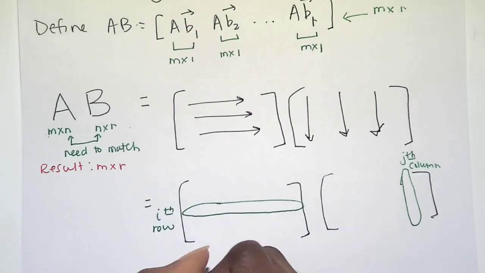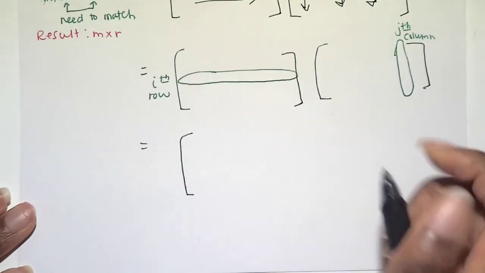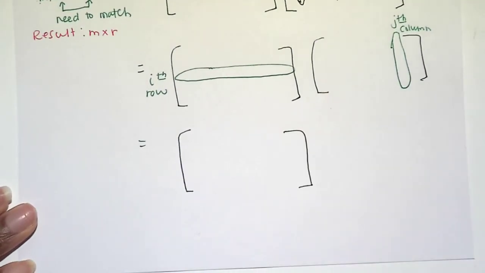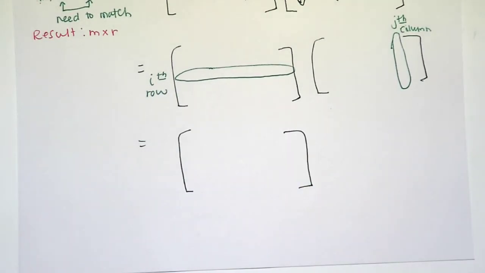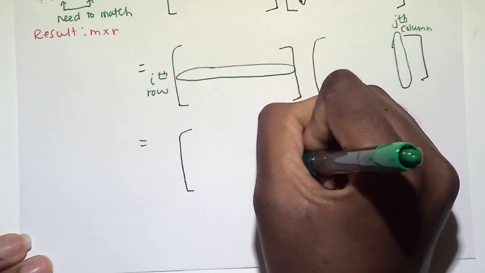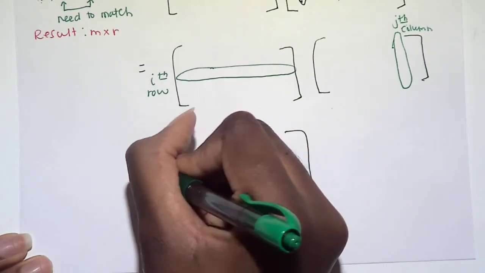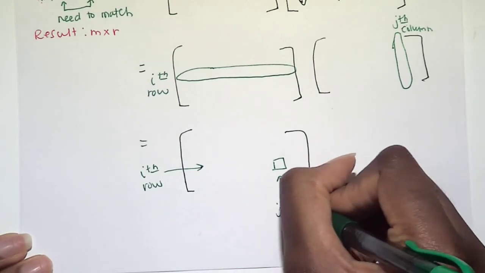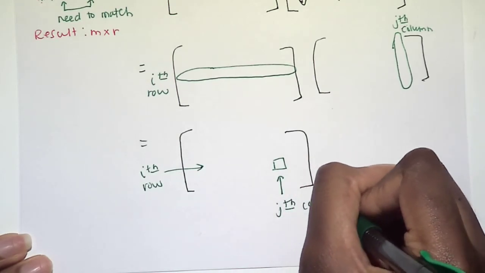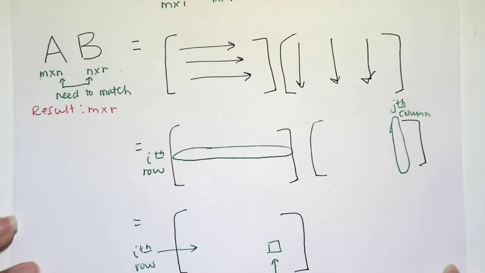The result of multiplying these matrices together, when you use the ith row and the jth column, gives us this one little component, and this component is going to be in the ith row and the jth column. This will make more sense when we actually do some examples with numbers. But just remember this motion, across and down, across and down.